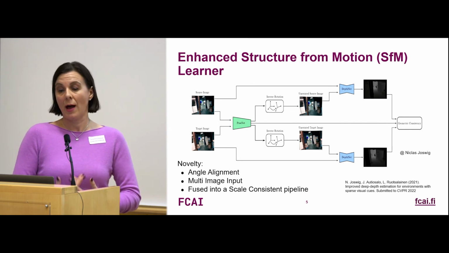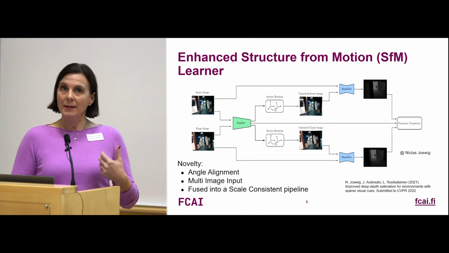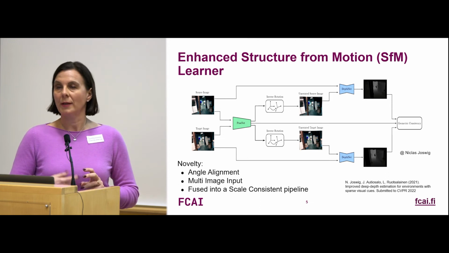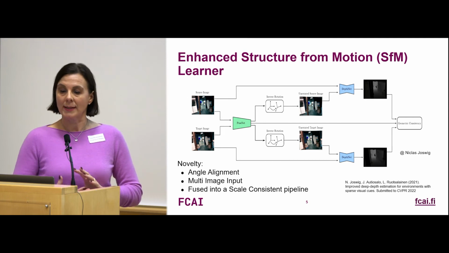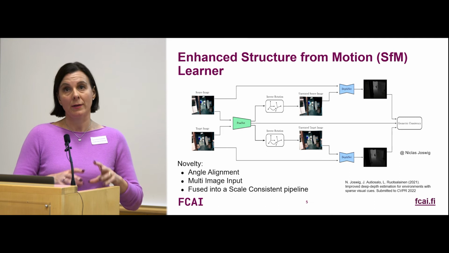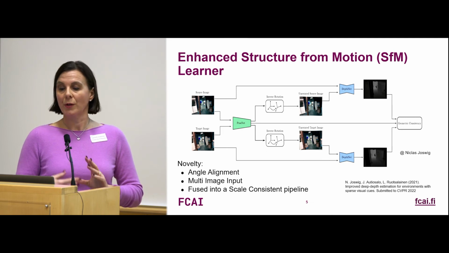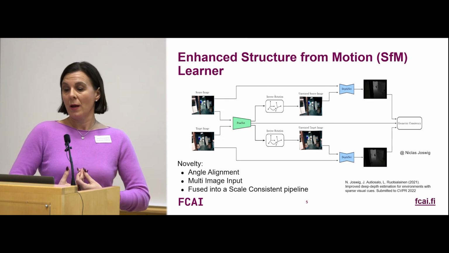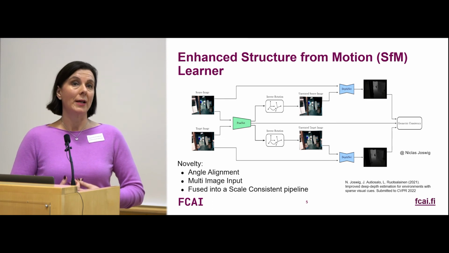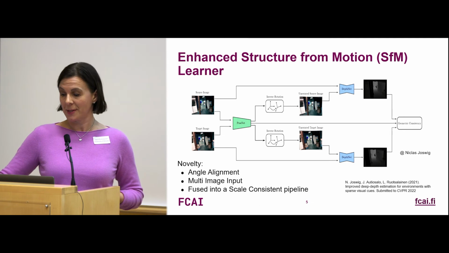So we don't have to do the labeling. And in this case, we have been then improving the algorithm, so doing there something called angle alignment, and then also multi-image input, and so on, and then improved the whole pipeline so that we are now able to get accurate results also in our very challenging setup and environment.